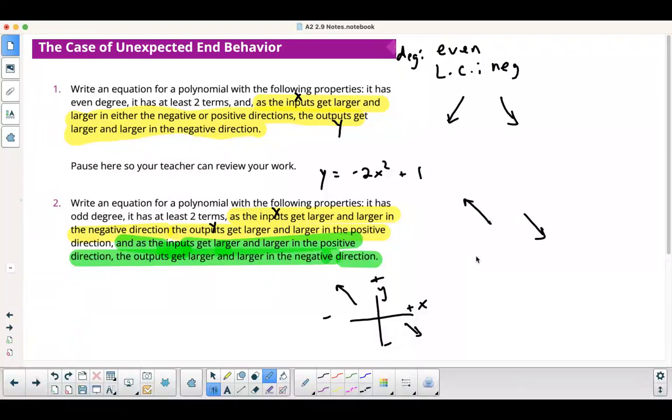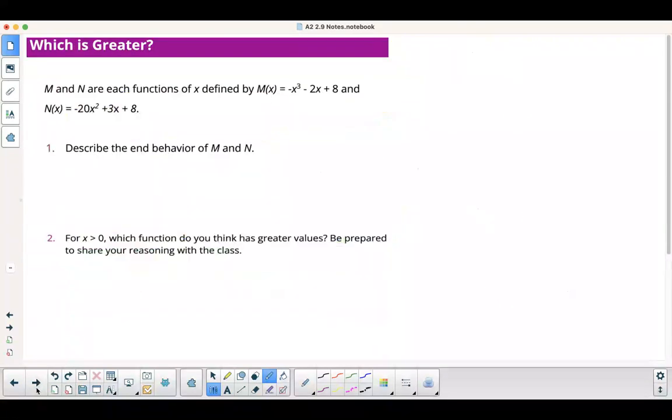So that's a degree is odd. If you look at your chart, lead coefficient would be negative. So as long as I have two terms, I'll go with four terms here. But as long as the highest power is odd and a negative leading coefficient, we are good.